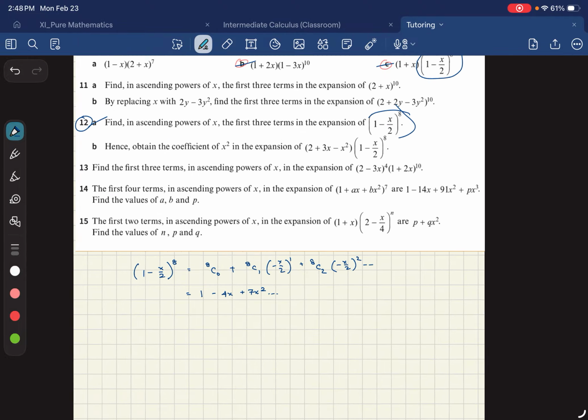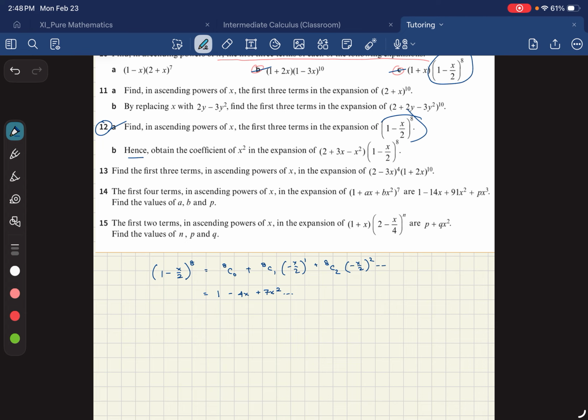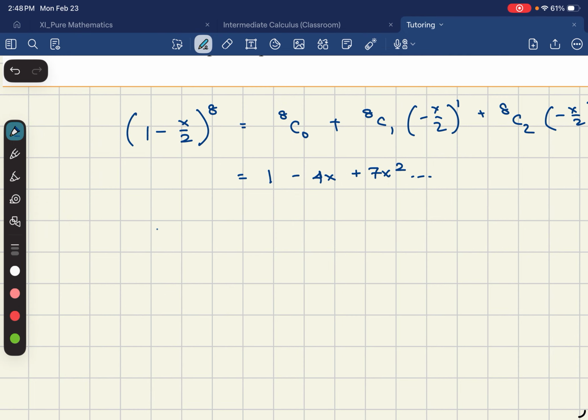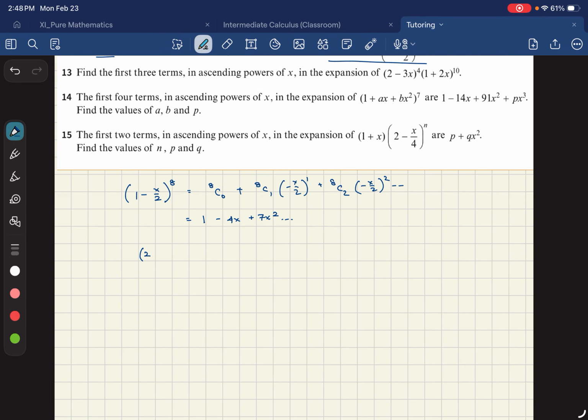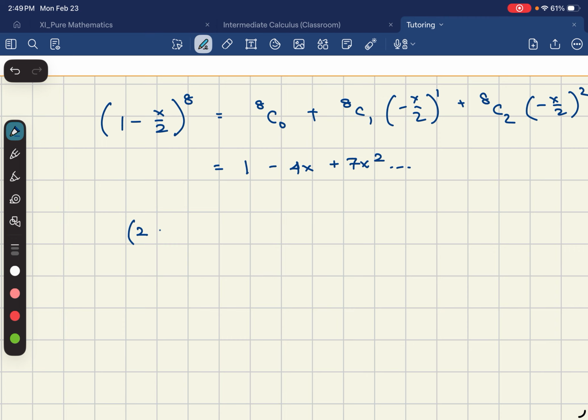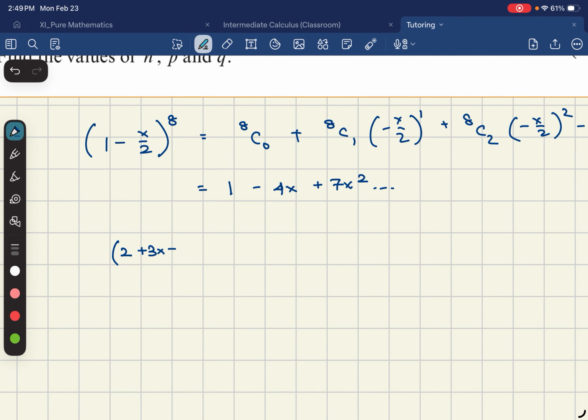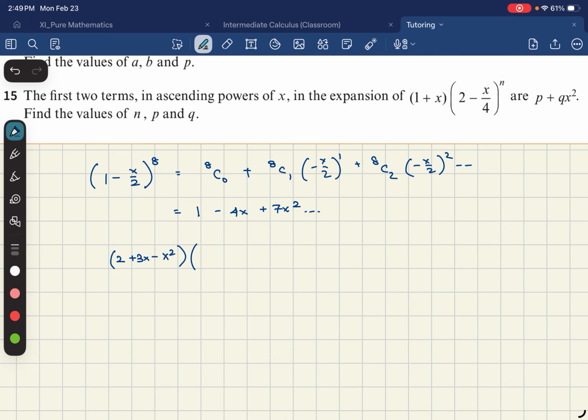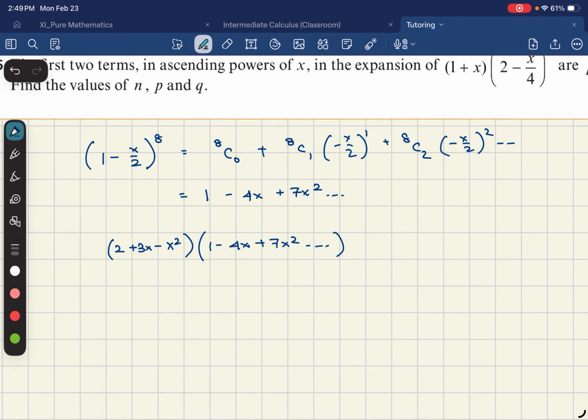And now it says, hence obtain the coefficient of x squared in the expansion of this thing. So I have 2 plus 3x minus x squared, and 1 minus the expansion just gives me 1 minus 4x plus 7x squared, on and on.